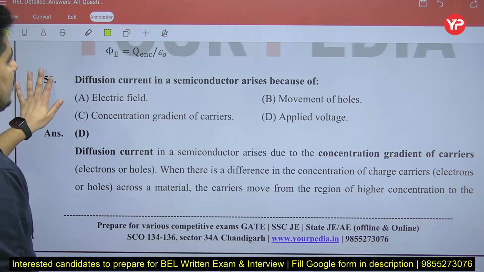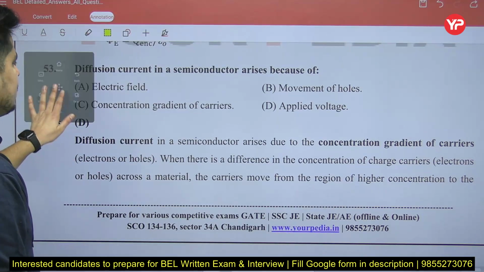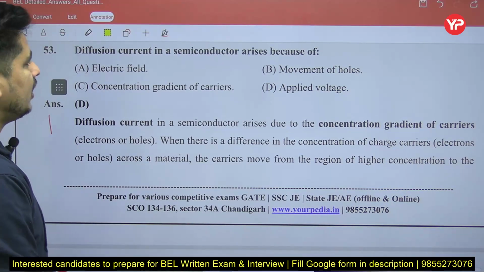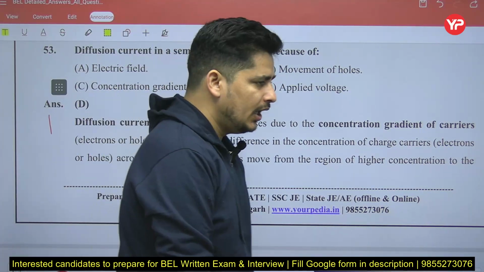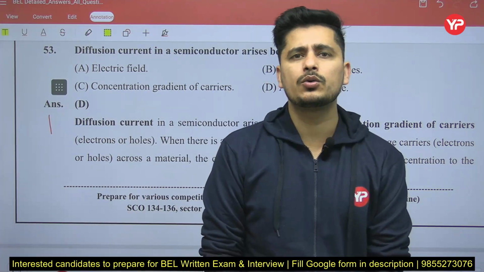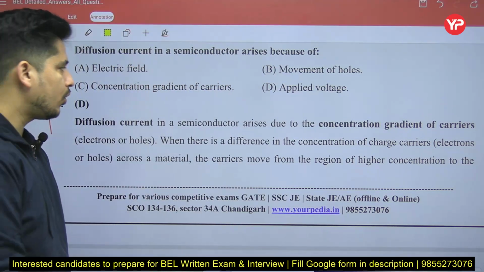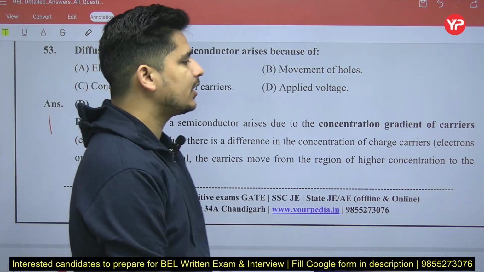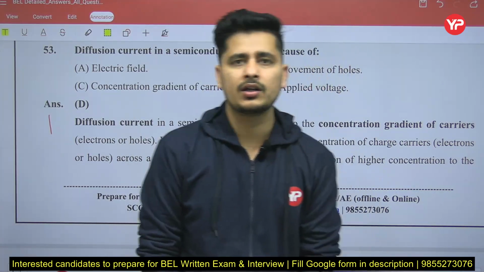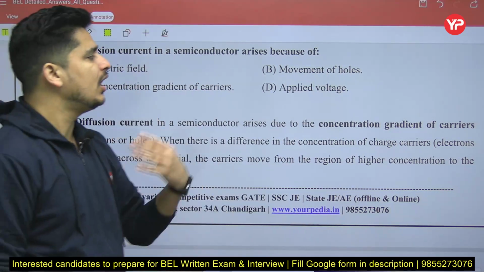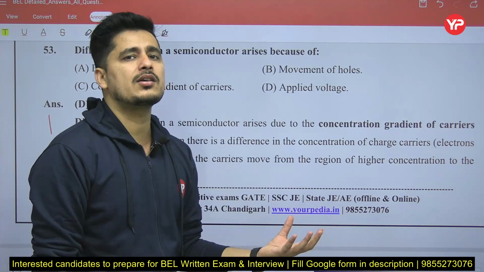Next, diffusion current in a semiconductor arises. See, basically there are two types of current in a semiconductor. One is drift current, another one is diffusion current. Drift current arises due to an applied electric field. When you apply an electric field across a semiconductor, the current is called drift current. And diffusion current arises due to concentration gradient.